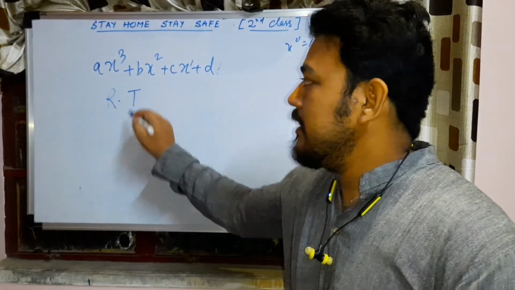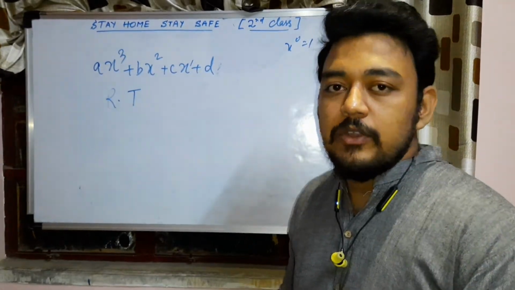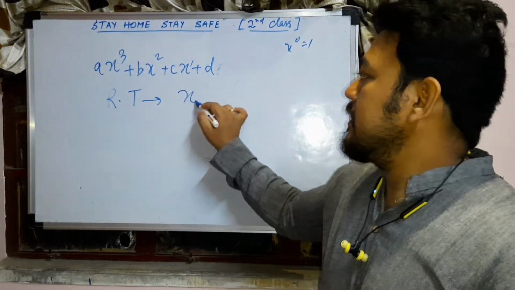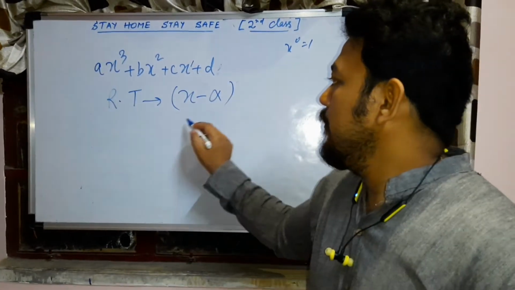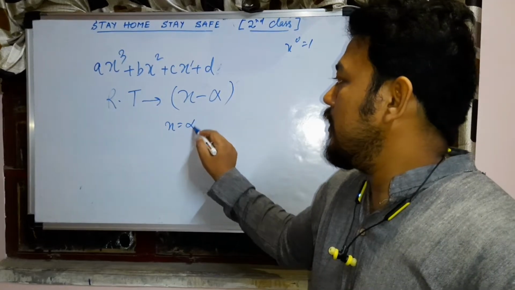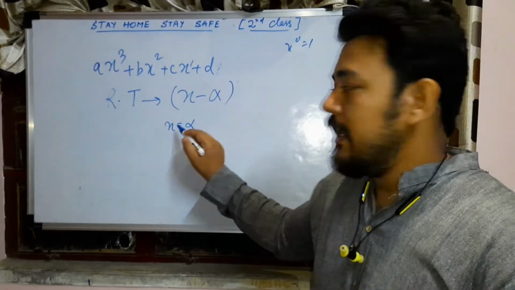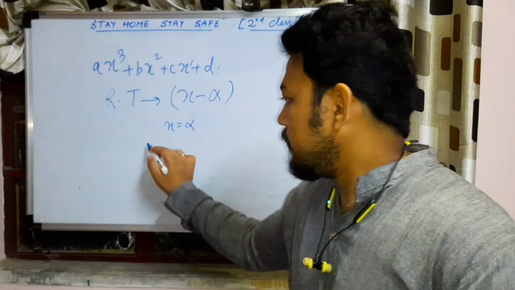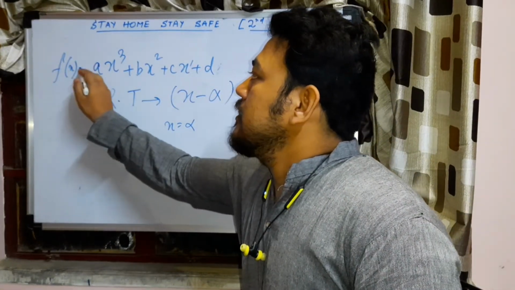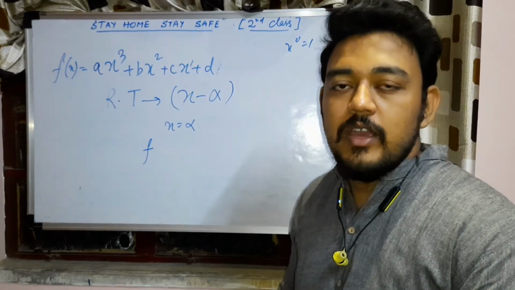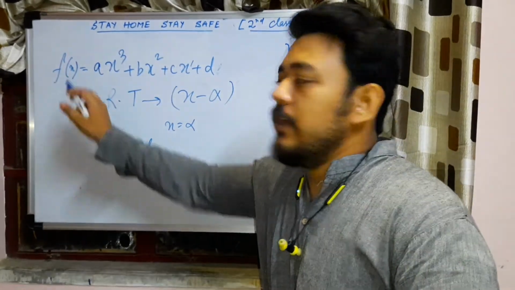First, the remainder theorem, which I am writing as RT. The remainder theorem tells that if x minus alpha is there, then x is equal to alpha if I make it equal to 0, because I am describing this as a function, f of x.